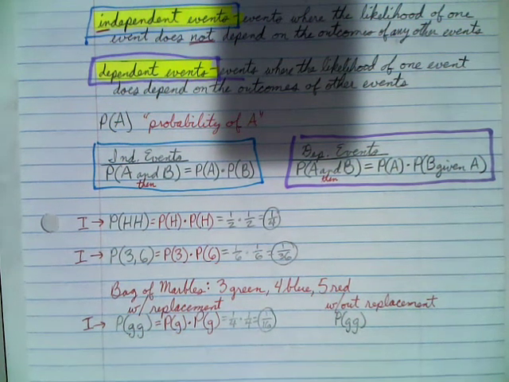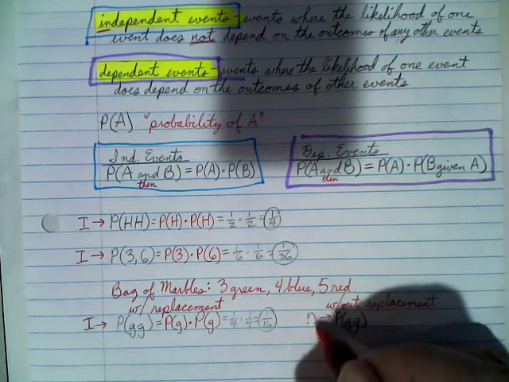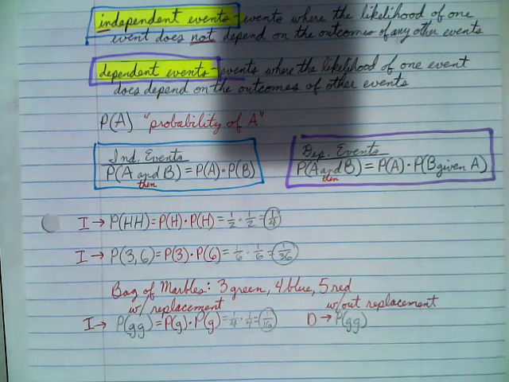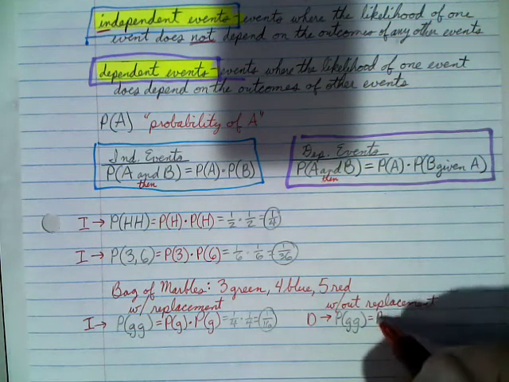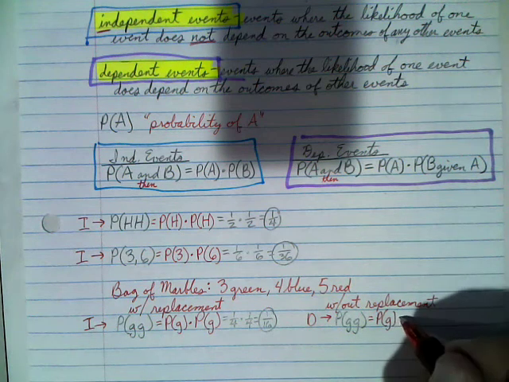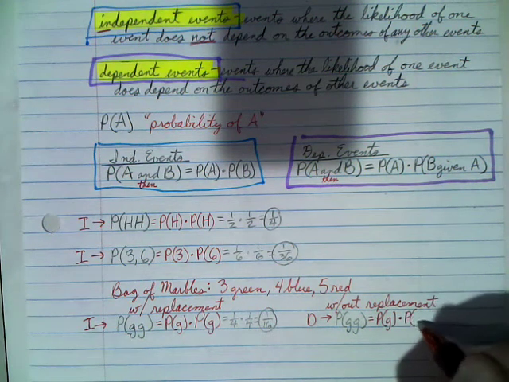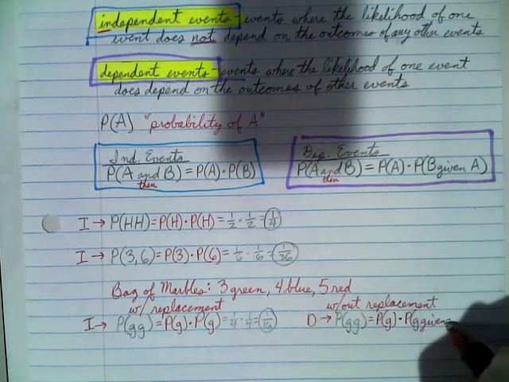That is going to change the probabilities of the rest of my marbles. And so this becomes a dependent event. So in this case, we're going to have the probability of pulling that first green, but then for the second one, it's going to be the probability of pulling a green given we've already pulled a green.